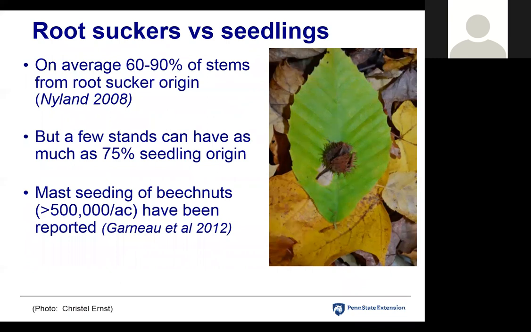But even the beech now in the aftermath forest that's diseased and lingering can still produce beech nuts. We still see some mass seeding of beech nuts, sometimes even on the order of 500,000 little nuts per acre have been reported. In fact, last year was a pretty good beech nut year as well.